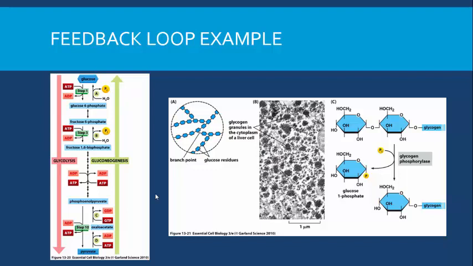These are irreversible steps in the process and are easy places to turn on or off when energy demand is either low or high. To get around these irreversible steps, gluconeogenesis has its own alternative steps that you can see here on this slide.